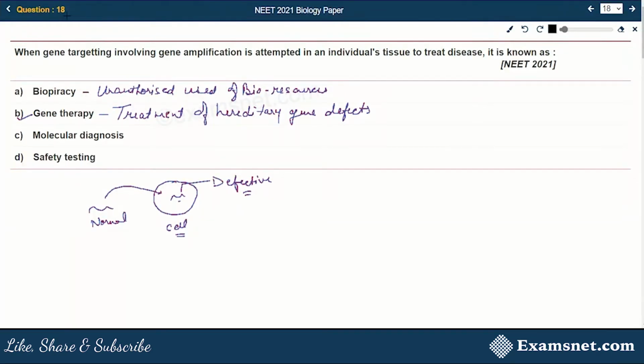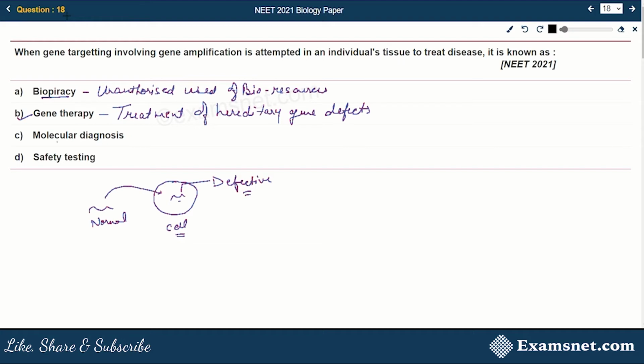If any other country or multinational company wants to use this resource, then it has to take the permission of the country of origin or follow certain procedures such as payment of compensation in order to use these bioresources commercially. But if some countries or companies do not follow this rule and do not pay the compensation, then they are said to be involved in biopiracy.